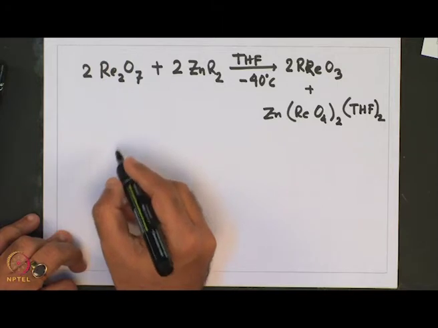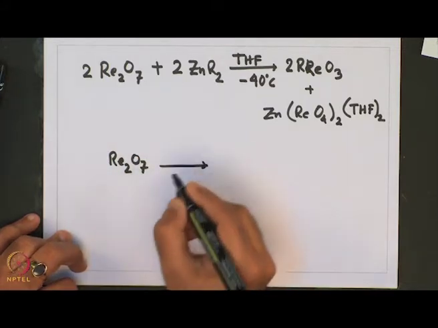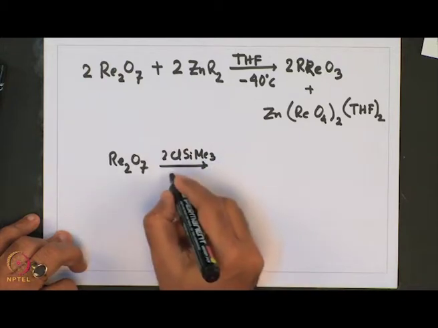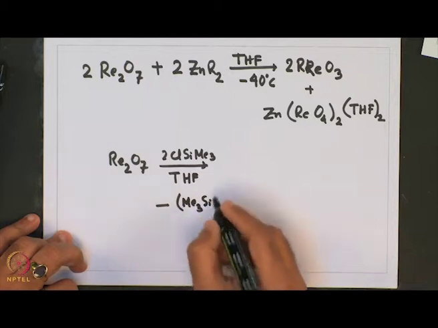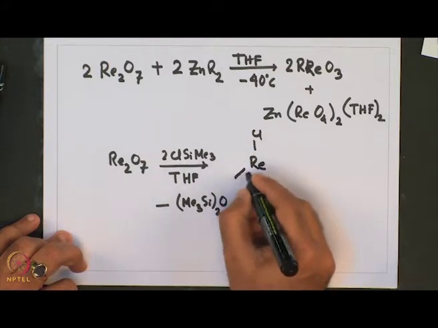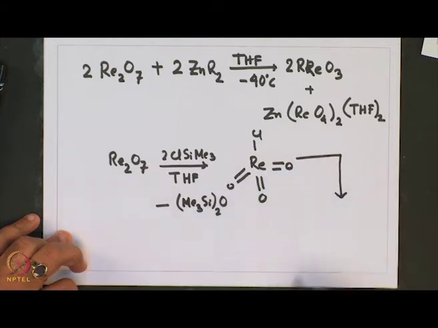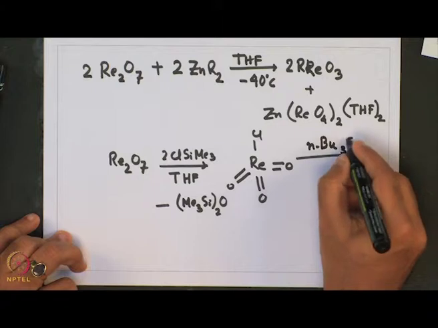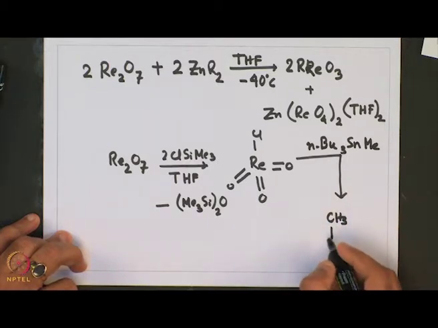Similarly, the other method involves treating rhenium oxide with ClSiMe3 in THF, eliminating and giving the chlororhenium trioxide, which when alkylated with tri-n-butyl tin methyl gives this methyl rhenium trioxide.